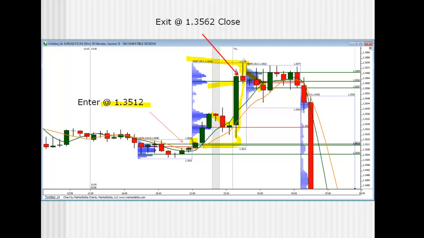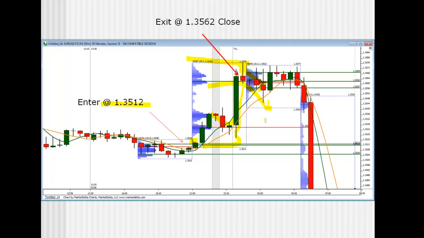I continue to move higher, but now notice what is happening. I am coming back to the value area low, and this time I have a negative close when I hit my value area high. That is an indication that the market has weakened, and we are probably going to continue to move lower.